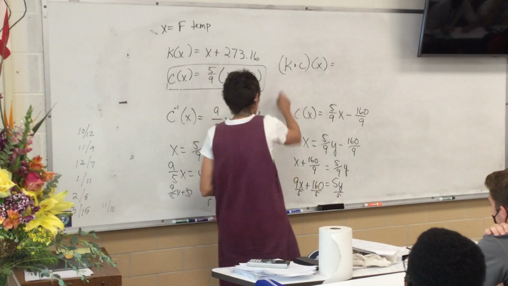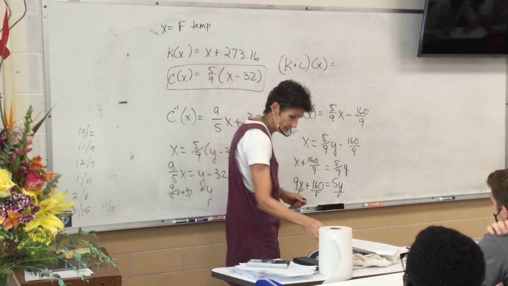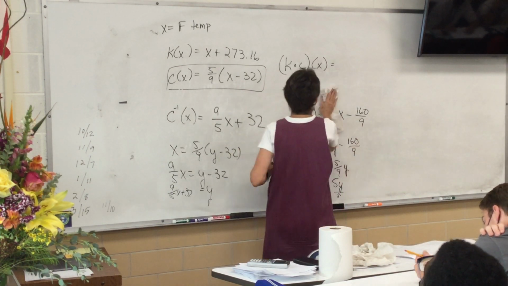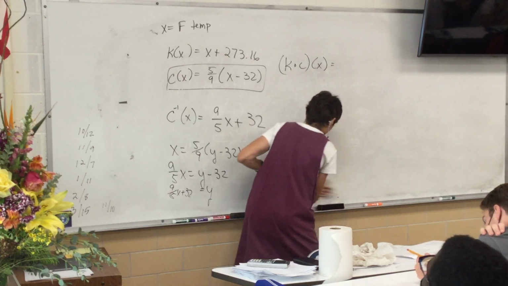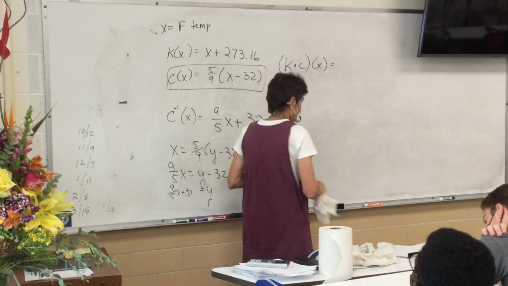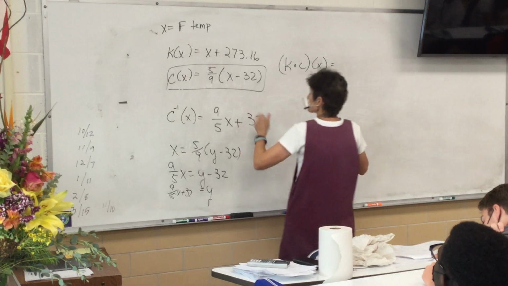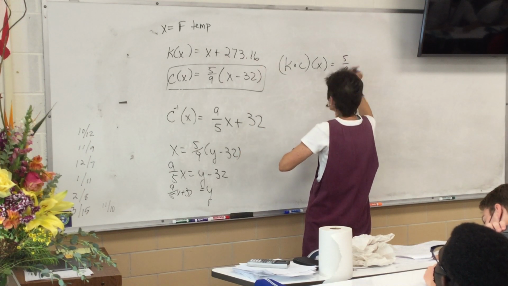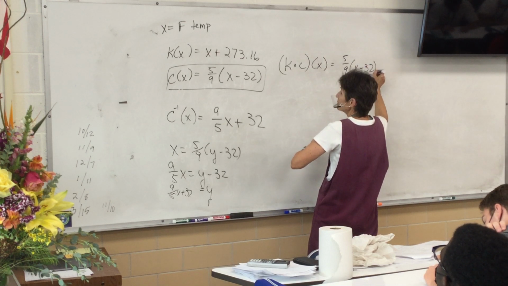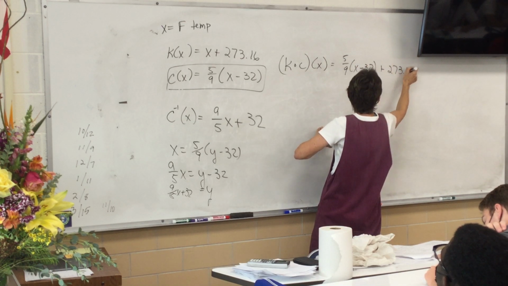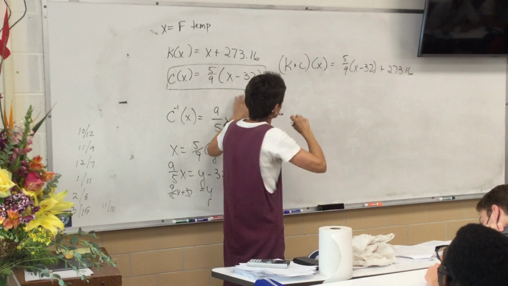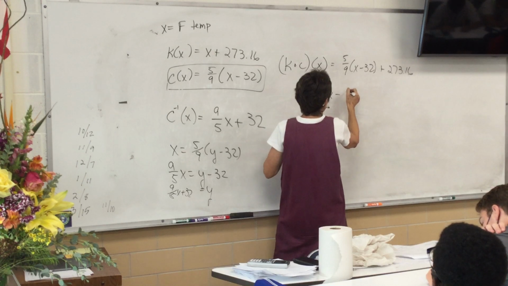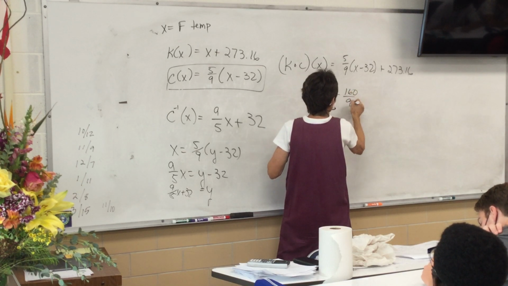All right, so back to this, we're finding this composition. Anybody have that done? What's that look like? Do C of x, and then plug C of x into K. So C into K would be 5/9 (x minus 32) plus 273.16.